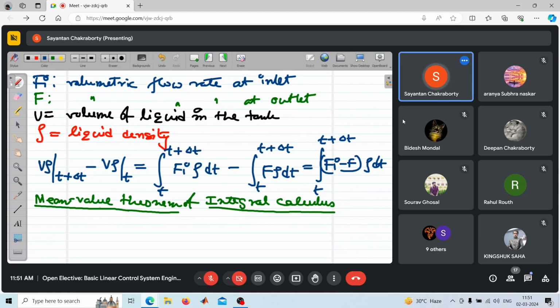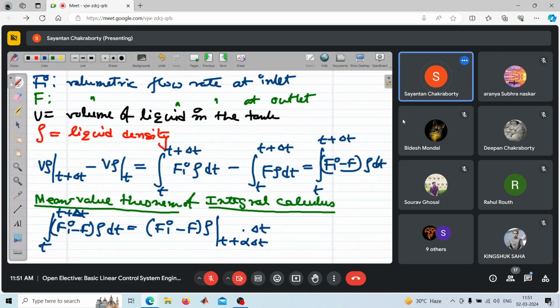So that will give you that this integral T to T plus delta T of Fi minus F rho dt can be represented as Fi minus F rho calculated at some value T plus alpha delta T, into delta T. That means you're approximating this entire range of Fi minus F between T and T plus delta T by a straight line of slope calculated at T plus alpha delta T, right?